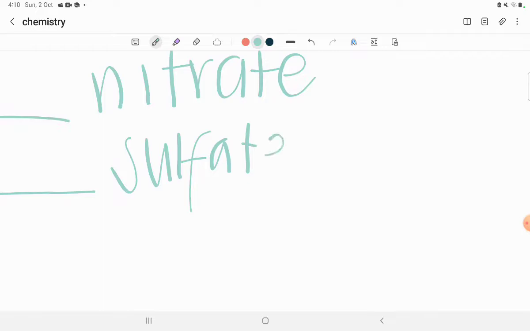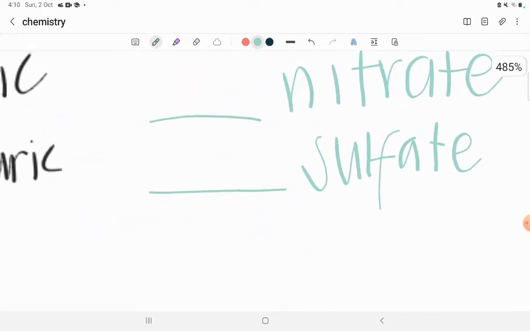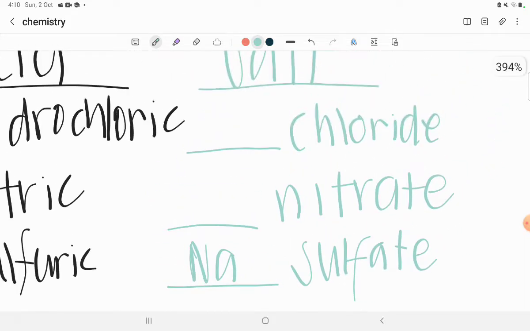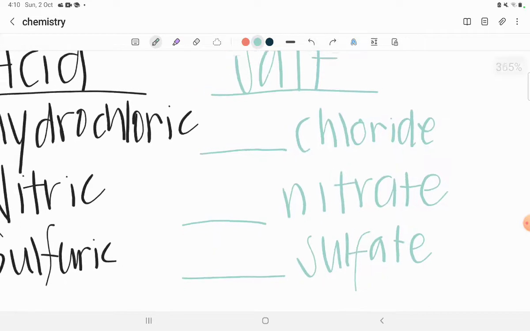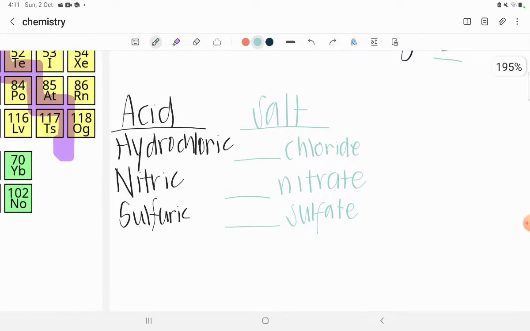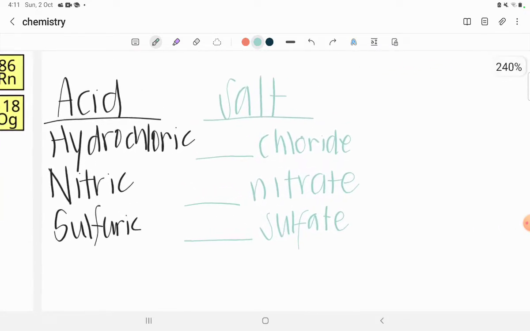Something sulfate. We can have sodium sulfate. Again, sodium. For this one, it can be sodium chloride, which is salt. Your literal table salt, the one that you use in cooking. Sodium chloride. And yeah, that's how you get the name of the salt.